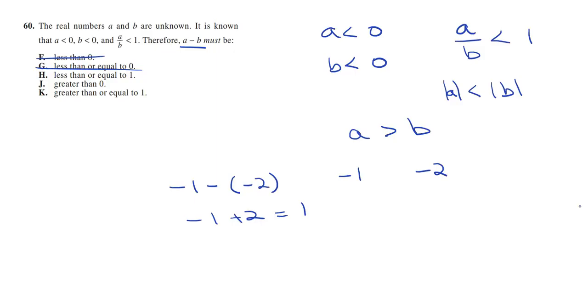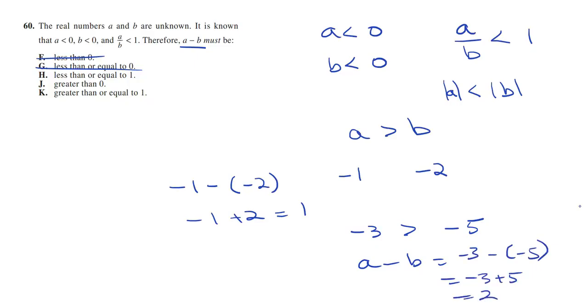So let's try another number. Let's go -3 greater than -5. So A minus B is going to be -3 minus -5, which is -3 plus 5, and this is 2. So greater than 0, definitely. Less than or equal to 1, nope.